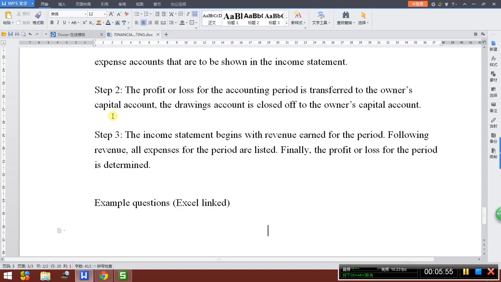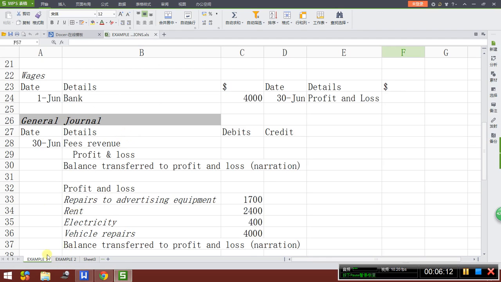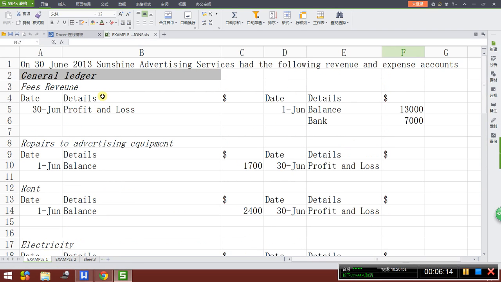So, I'll show you some example questions about the income statement, balance sheet, and the basic accounts of a service business. Example 1. The question is, on 13 June, Sunshine Advertising Service, a service business in advertising.